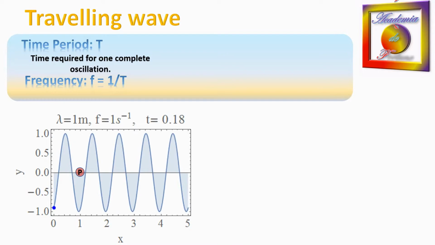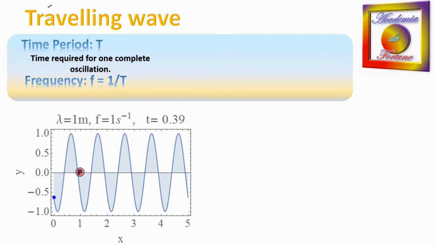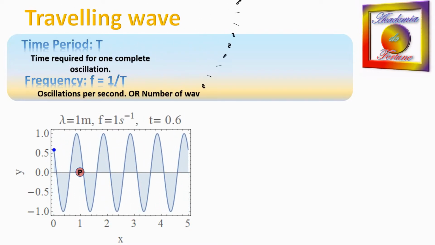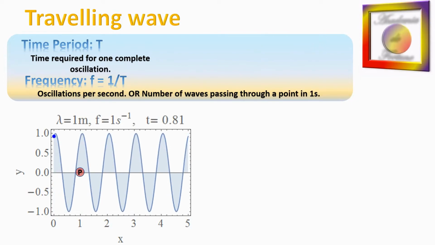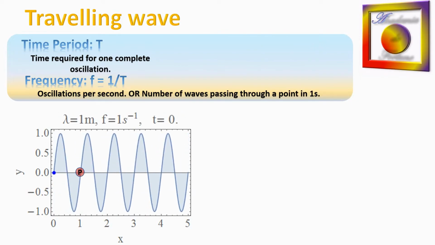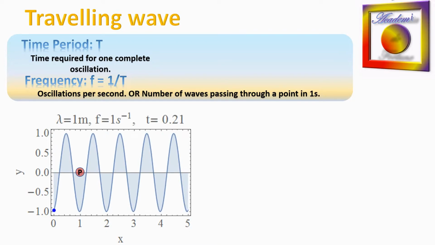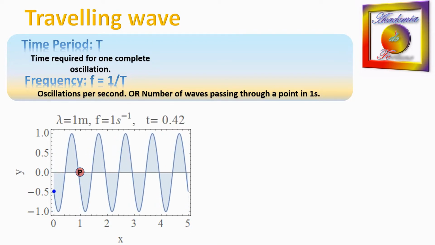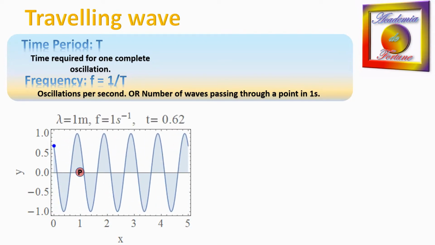Let's have a look at the frequency of a wave. It is the reciprocal of the time period. It is oscillations per second, or you can say the number of waves passing through a point in 1 second.